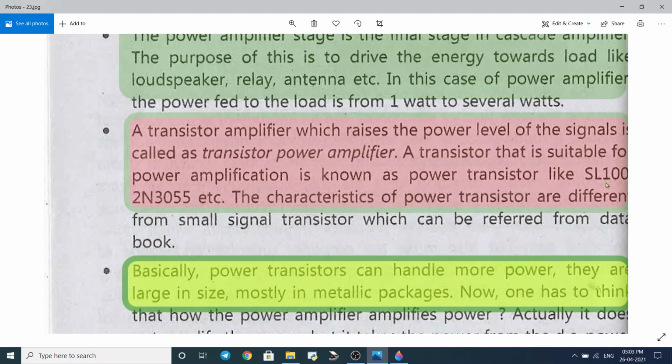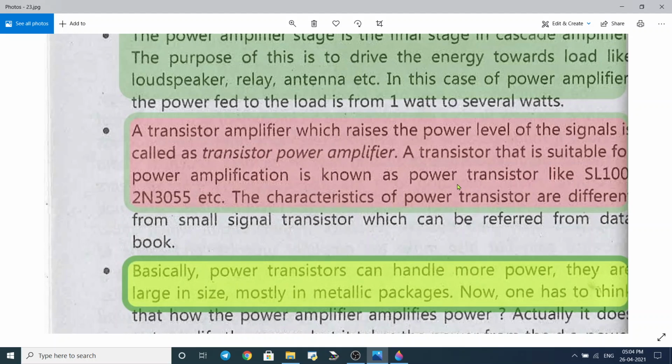For example, SL100, this is a power transistor. 2N3055, this is a power transistor. You can search on Google. If you search for a power transistor, you will find several NPN and PNP power transistors and their images, how they look like.